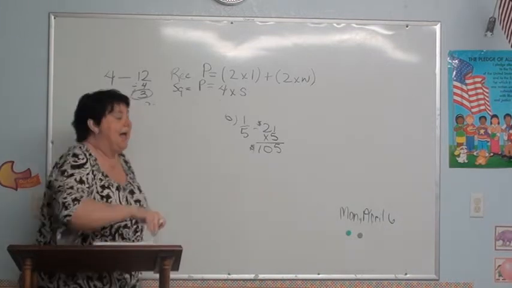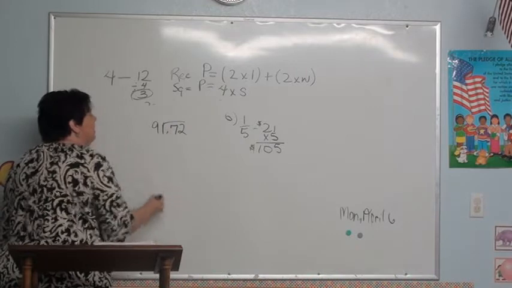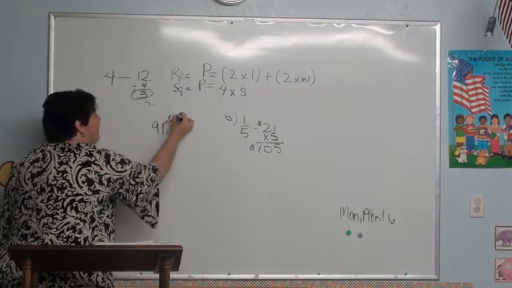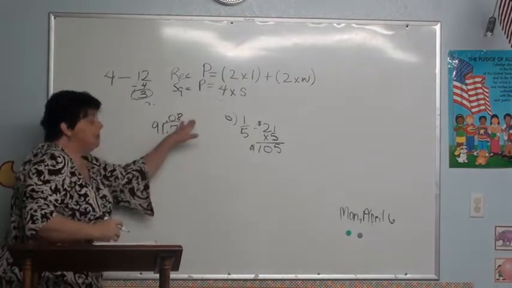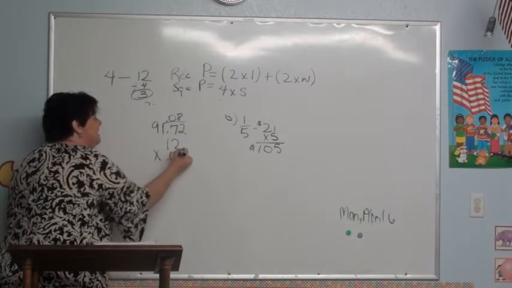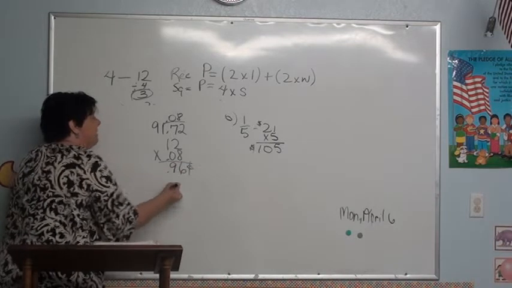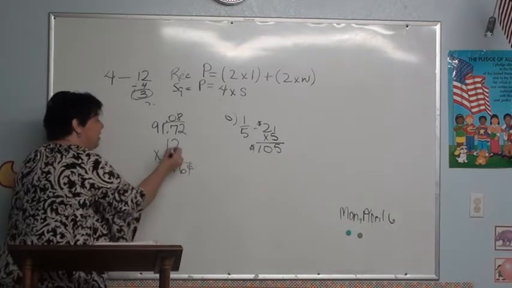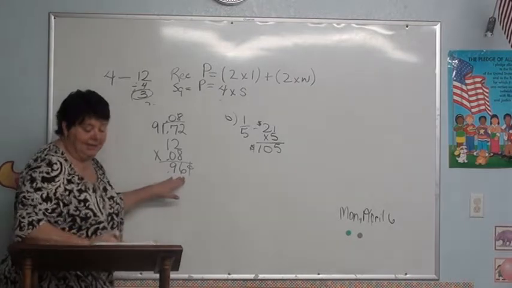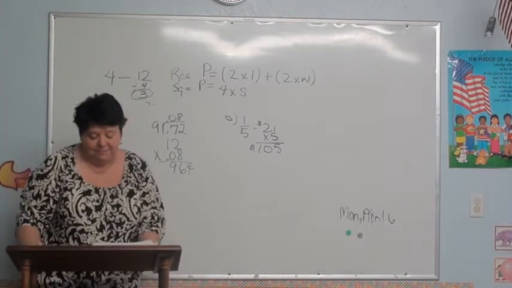If she bought 9 mints for 72 cents, that means they were 8 cents each. So how much would a dozen be? 12 times 8 cents each is 96 cents. So a dozen, because 12 is a dozen, would be 96 cents. So go ahead and put that down for F.